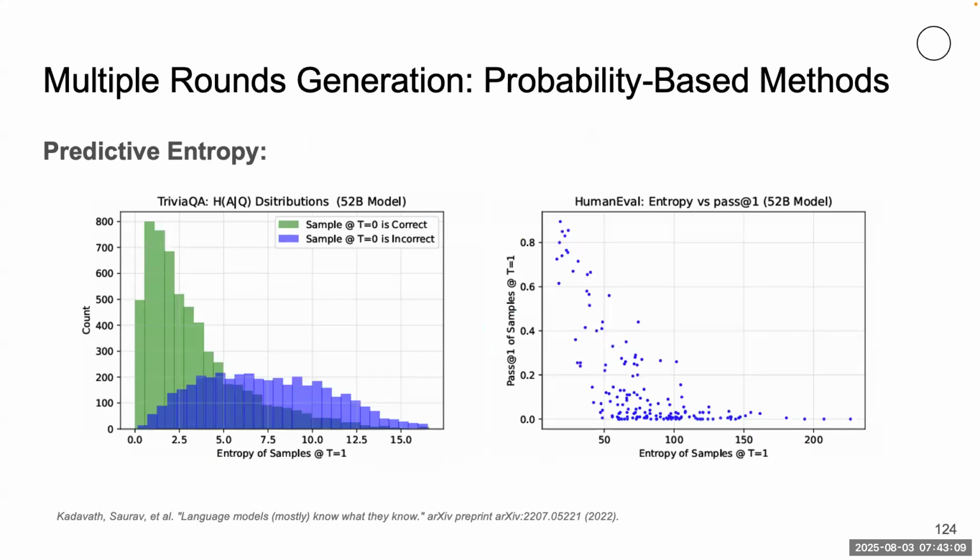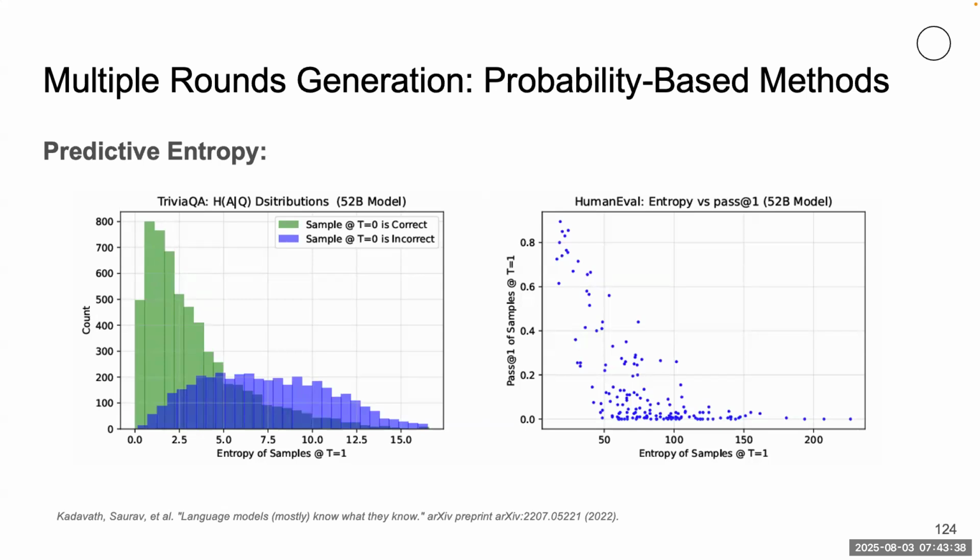So both experiments are conducted on the 52 billion model from Anthropic. From the left figure, the green boxes show the correct samples, and the blue boxes show the incorrect samples. The x-axis is the entropy with forcing certain beans, and the y-axis is the count of samples.